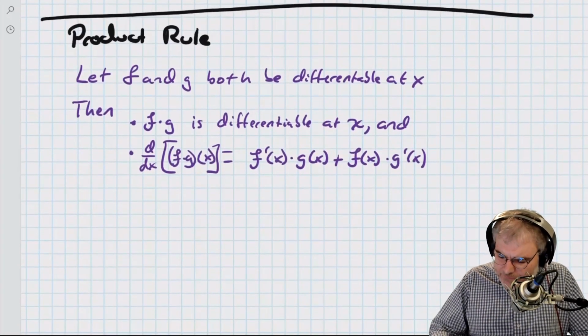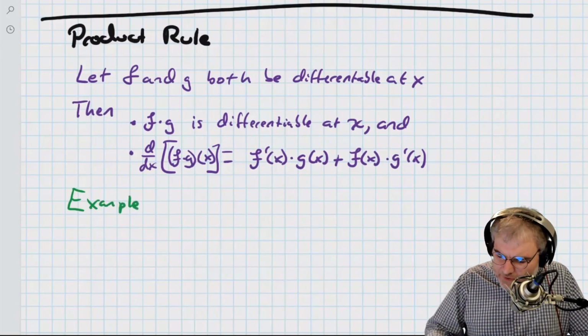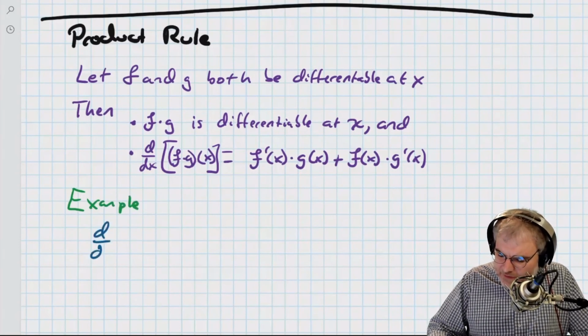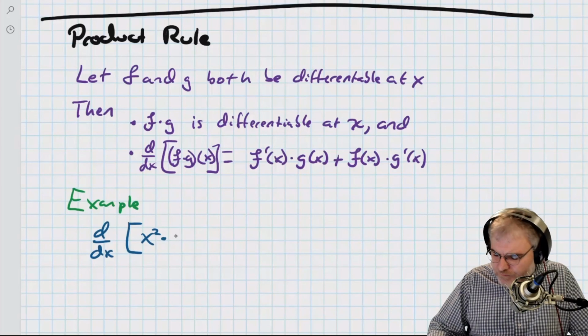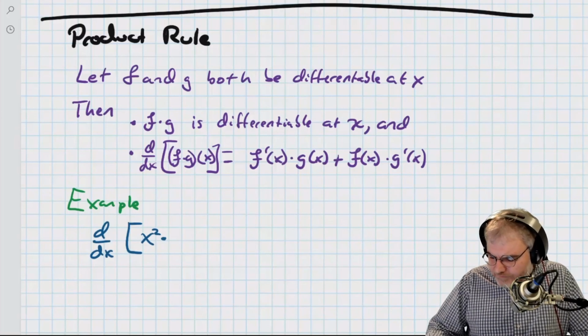Let's do an example. Let's take the derivative d over dx of x squared times 2x.